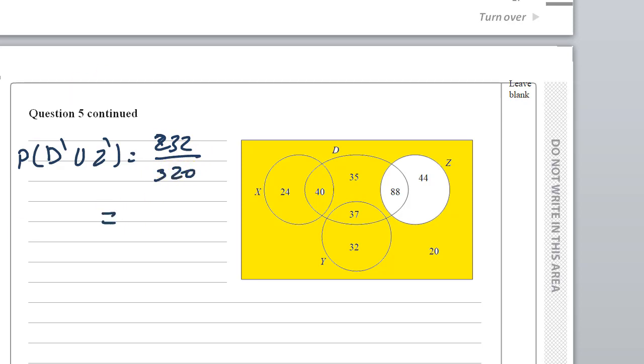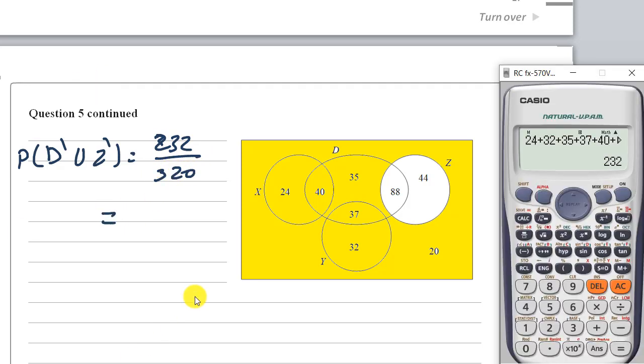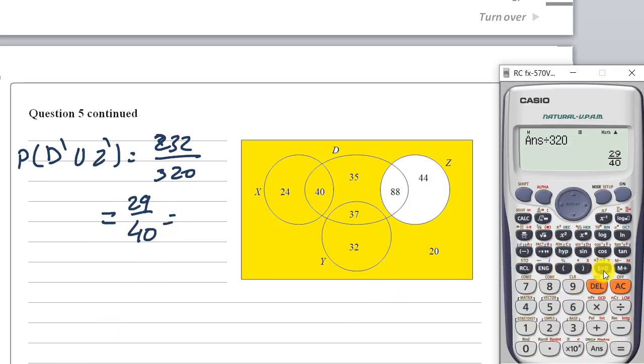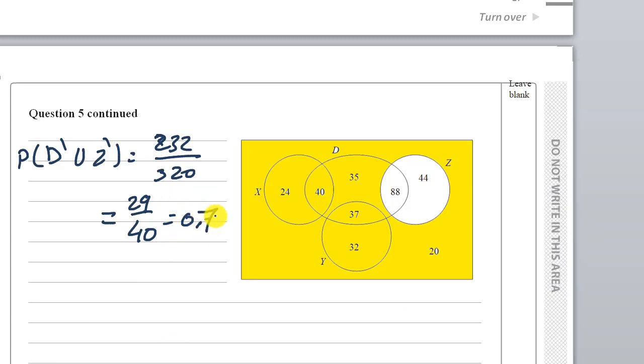So it's equal to 29 divided by 40, which is equal to 0.725. And this is the answer.